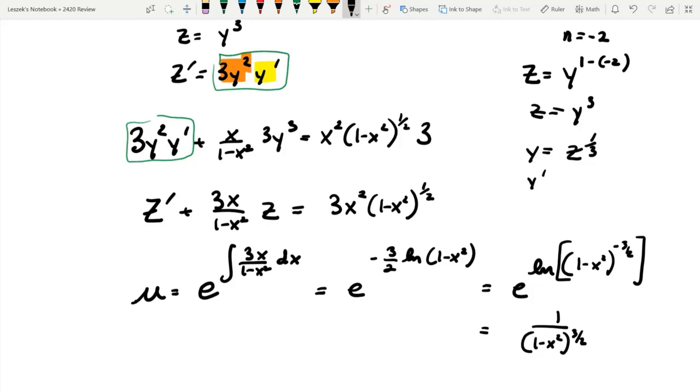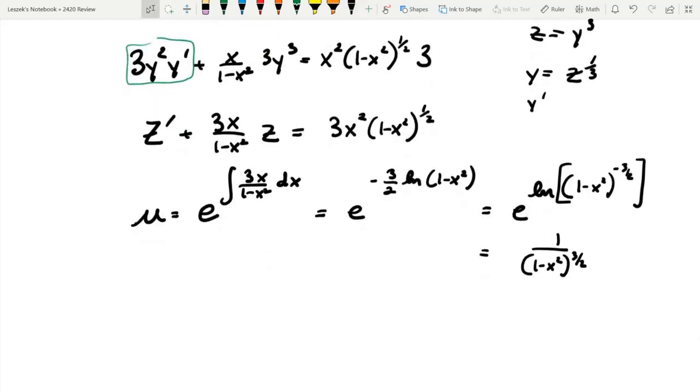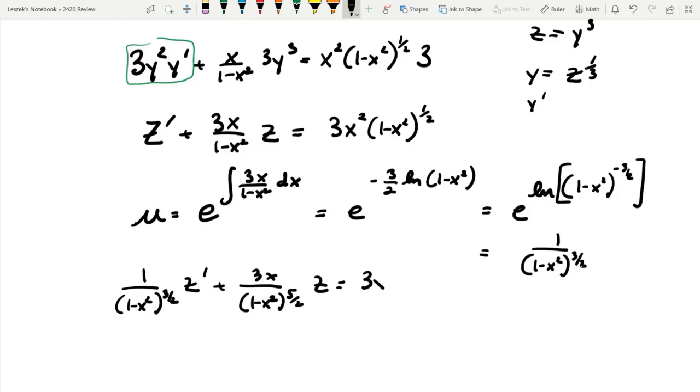Okay, so apparently that's our integrating factor. We multiply both sides by it. So that would reduce to, oh, okay. So it looks like it's going to be partial fractions.